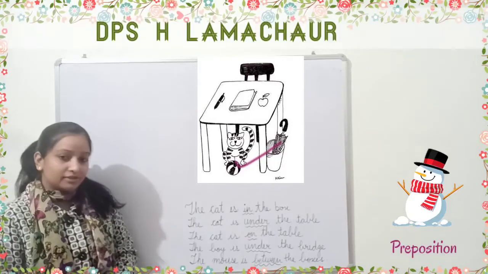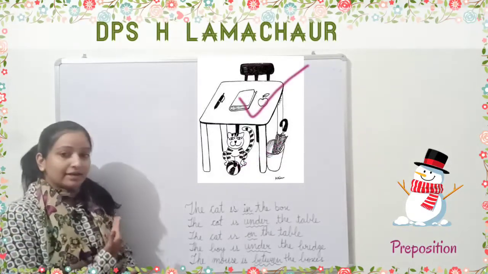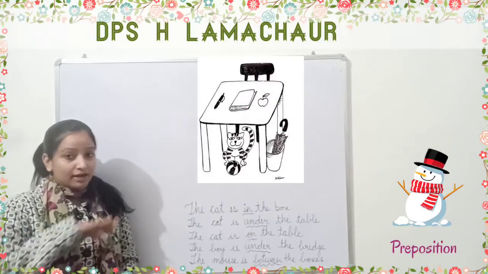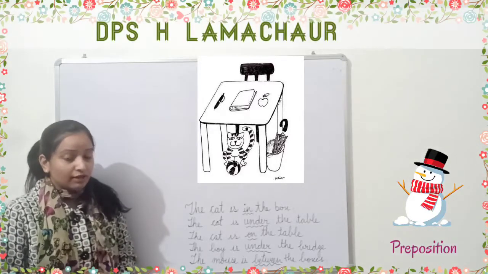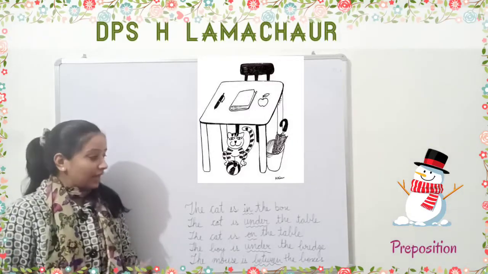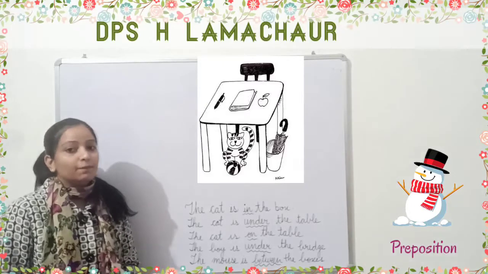Here. Where is the table? Here. As you can see here that the cat is below the table. At the same time, the table is covering the cat. So it is fulfilling both the conditions. So the cat is below the table and the table is covering the cat. So in that case we use under.